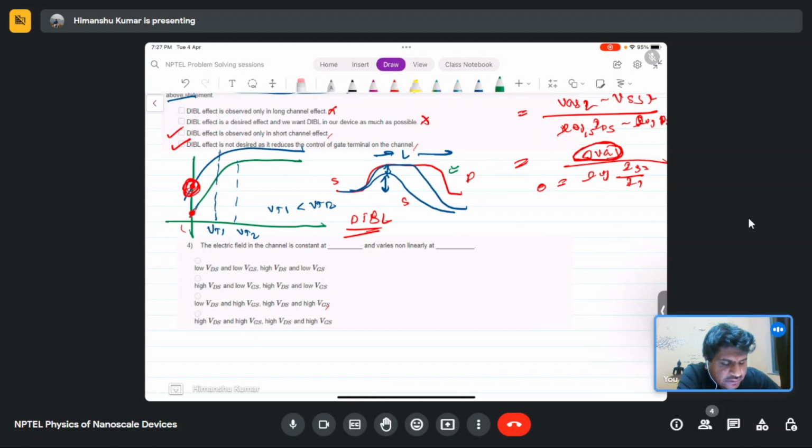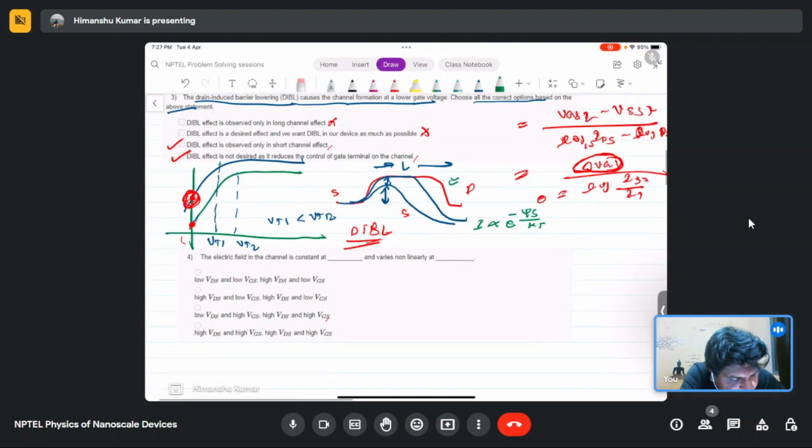So basically the current I is controlled by the exponential of minus psi s by kT.